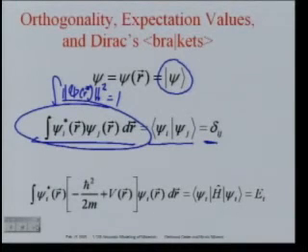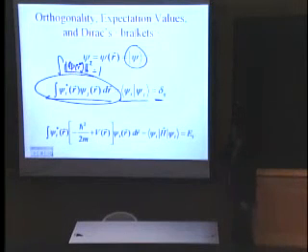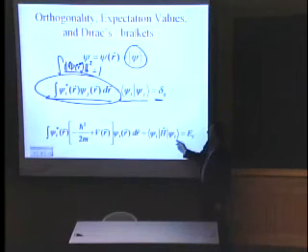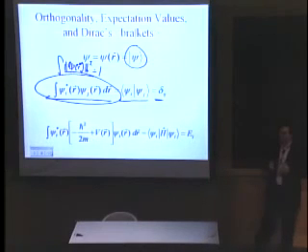And the last definition that I need is that of expectation values. That is, once we have found a wave function for this electron, as I said, we know everything that we need to know about that electron, and so we can extract all the physical properties that we want.